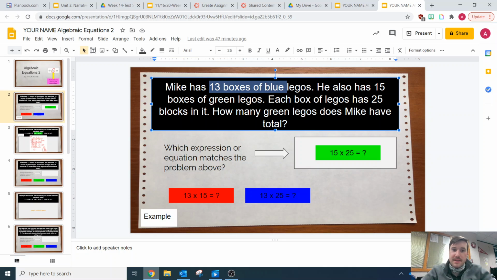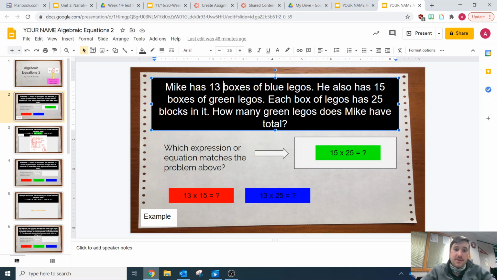I know he has 15 boxes of them, and there's 25 Legos in each box. So if he has 15 boxes and there's 25 in each one, then I would be multiplying 15 times 25. I'm not concerned with the 13 at all.